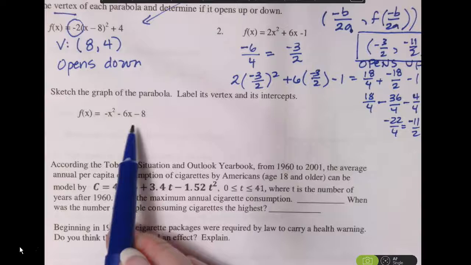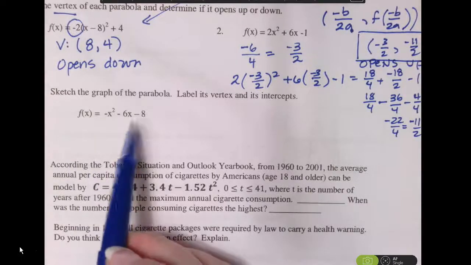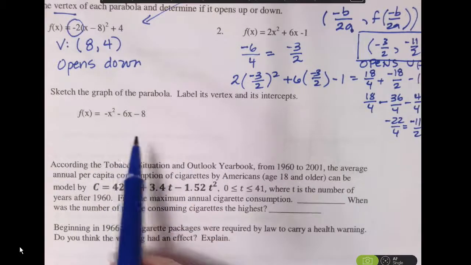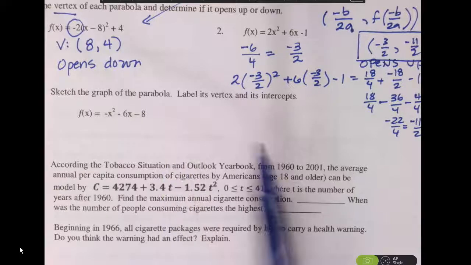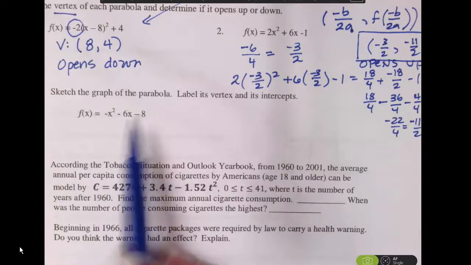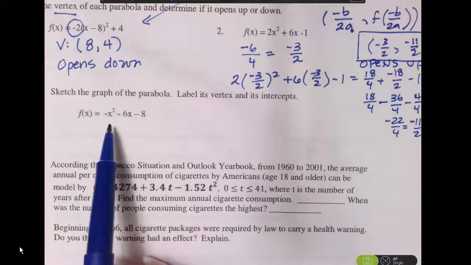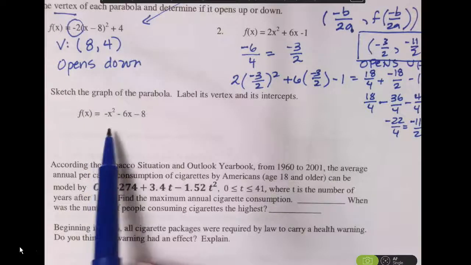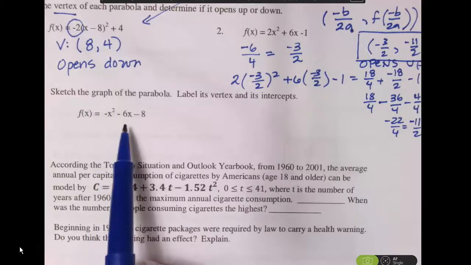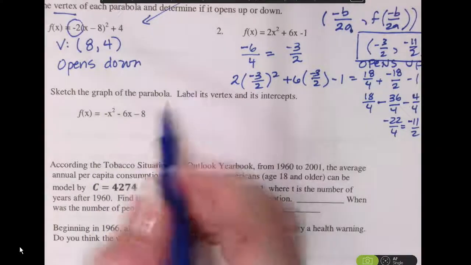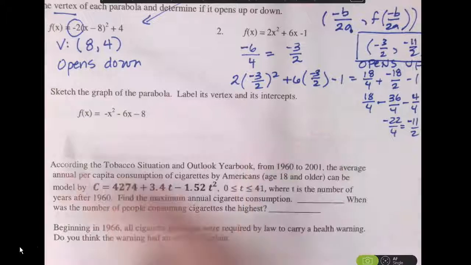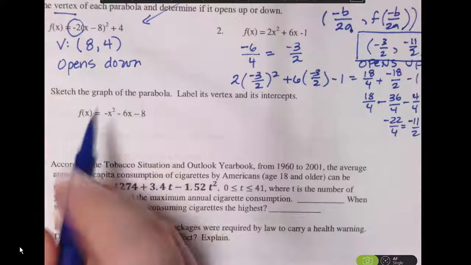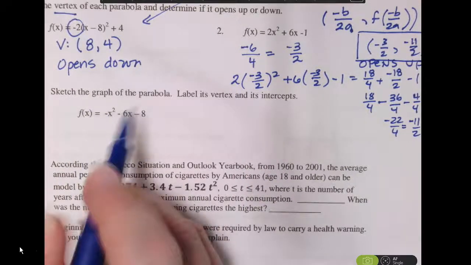So in number 3, I need to sketch the graph of the parabola, label its vertex and its intercepts. So I could go ahead and, let's see, what'll be the best way here? I think I'm going to go ahead and get this into HK form just to practice with you guys about vertex form.